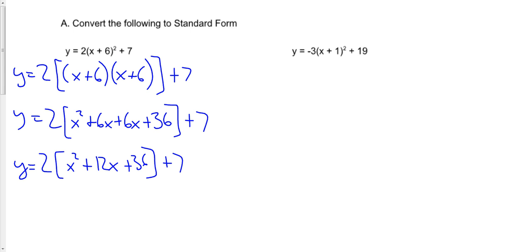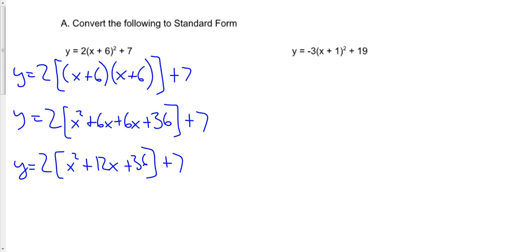So what I'm left with here is y is equal to 2 times everything in this bracket. So the 2 multiplies that piece, that piece, and that piece. My next line has to be 2 times x squared plus 2 times 12x plus 2 times 36.